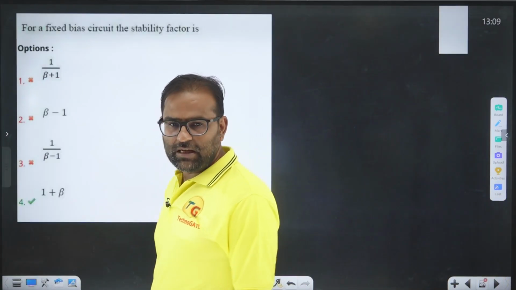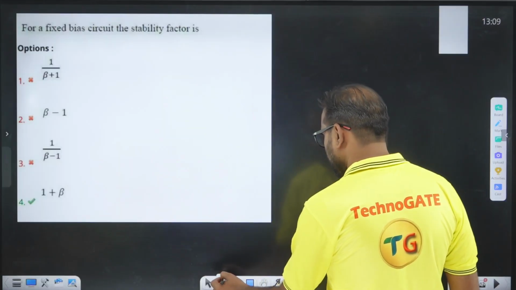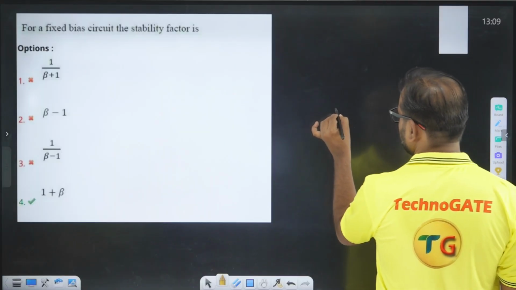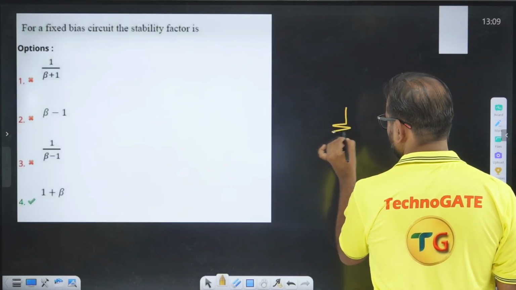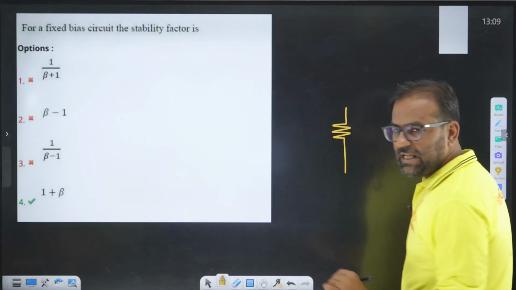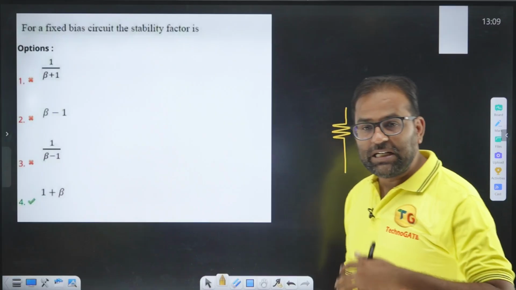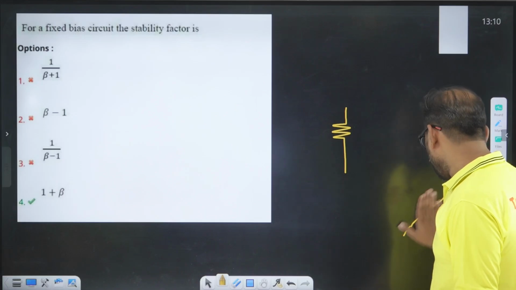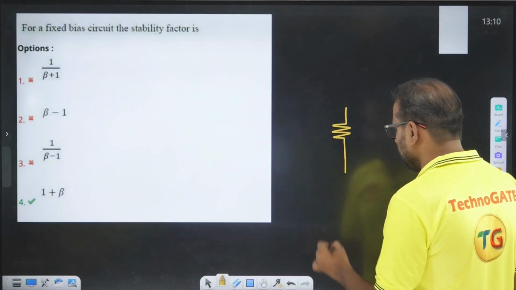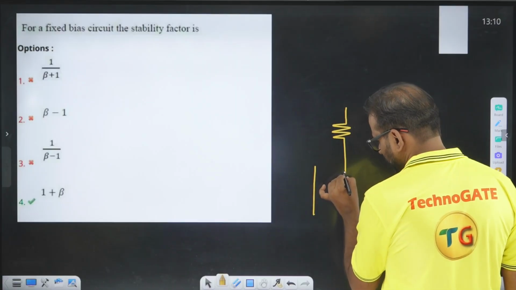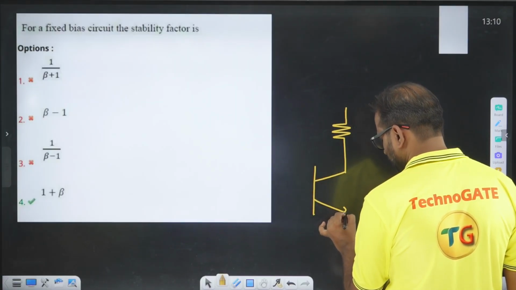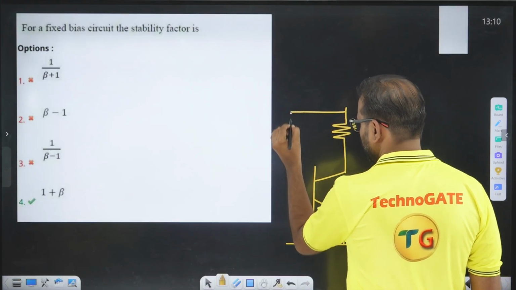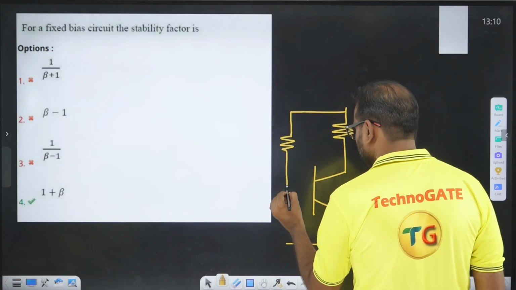A fixed bias circuit. Which type of circuit is a fixed bias circuit? Always remember when we are having this circuit, in the fixed bias circuit, biasing is done in the transistor from the DC to maintain a certain DC level in the transistor so that it can entertain the AC signals. This type of circuit is known as a fixed bias circuit.